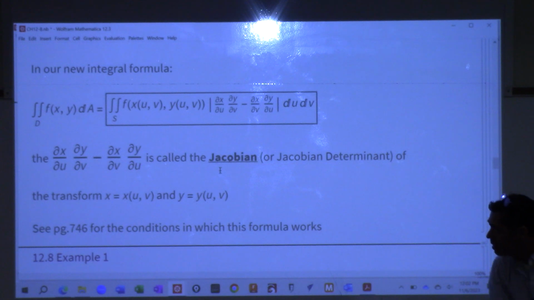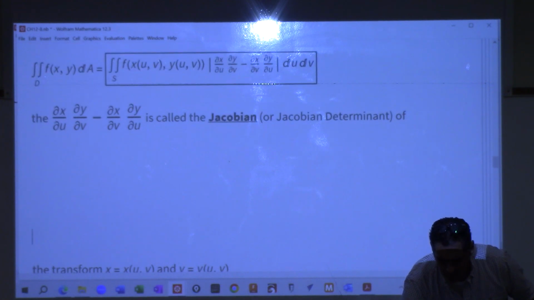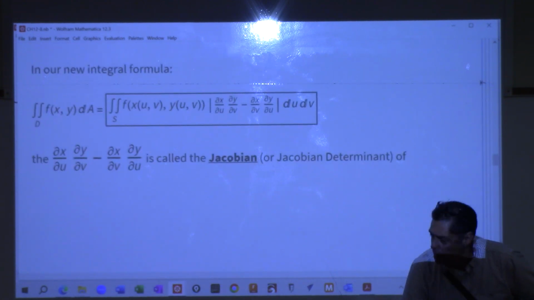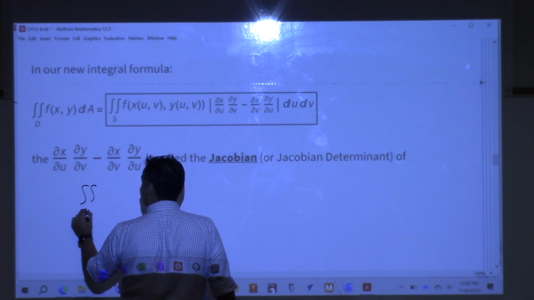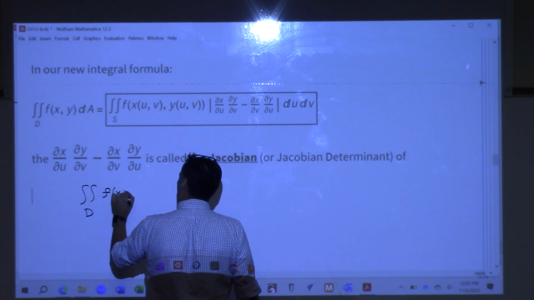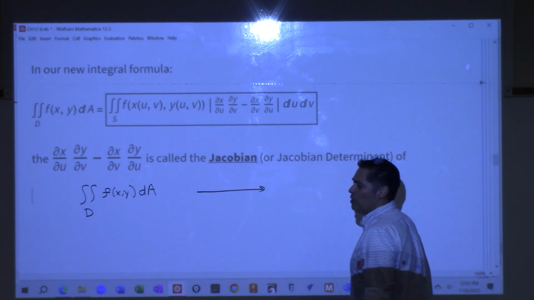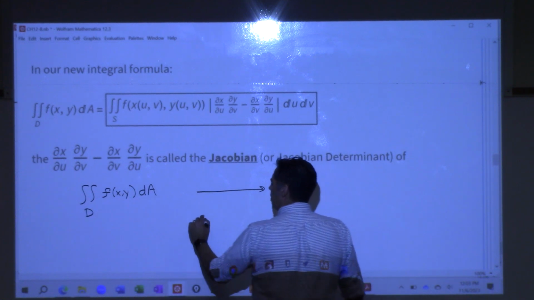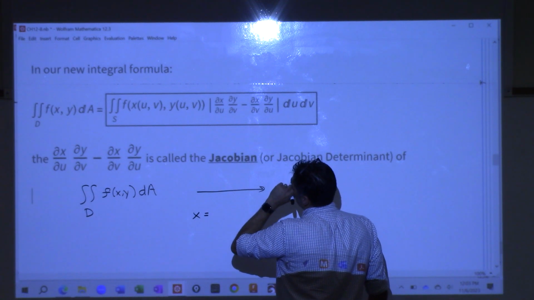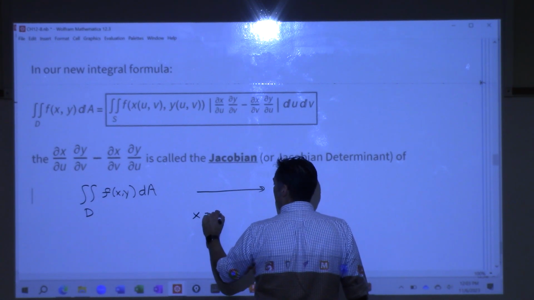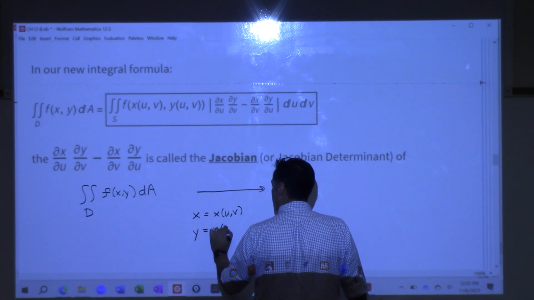It says that if you have a double integral over some region D of f of x, y dA, and you want to switch that by converting your x to some new function, the way we write it is x is now becoming some function of u and v, and your y is now becoming some function of u and v as well.